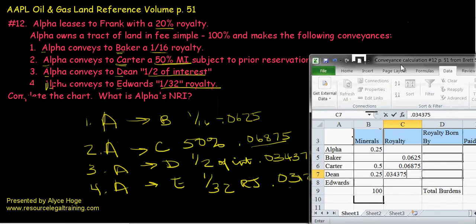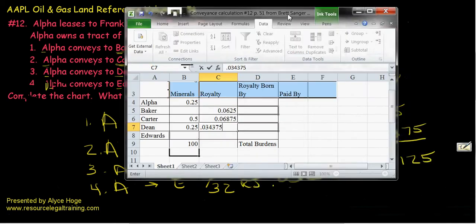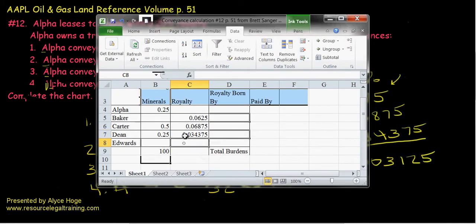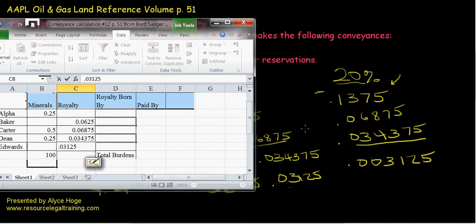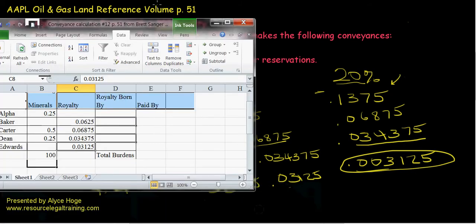And then we're going to look at Edwards's interest. He gets that 1/32, which we said calculated to 0.03125. And that leaves us with A's interest, which is this 0.003125. So that's all the royalty interest payments.